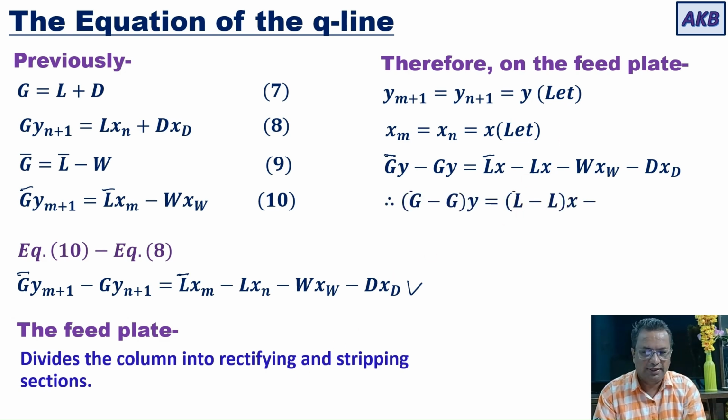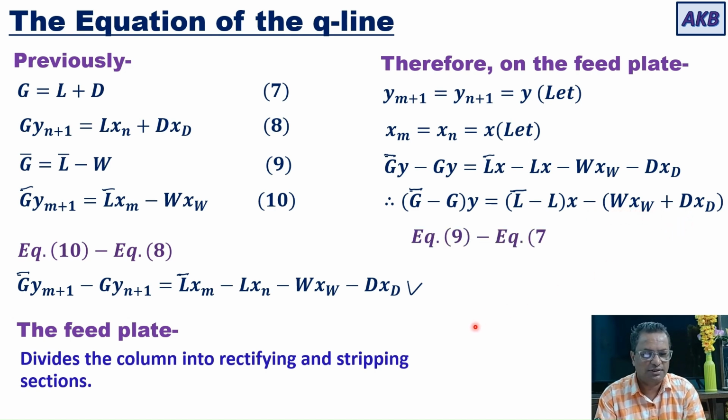Now in the next step, we will take y common on the left hand side, so it will be G bar minus G into y. Then on the right side, from these two terms, we take x common, so it will be L bar minus L into x. In the remaining part, we take the negative sign common, so it will be WXW plus D into XD. Okay, that completes our first task, where we have subtracted equation 8 from equation 10.